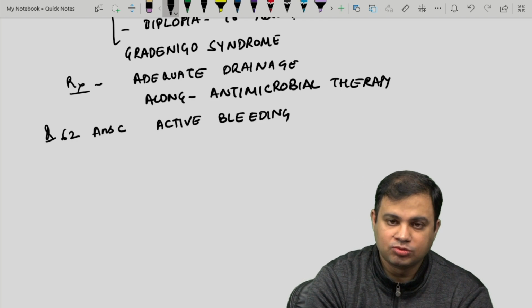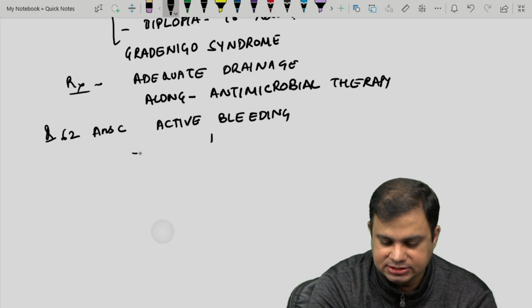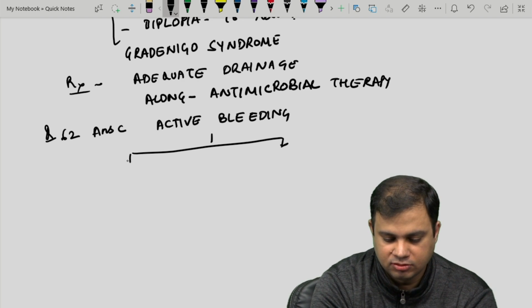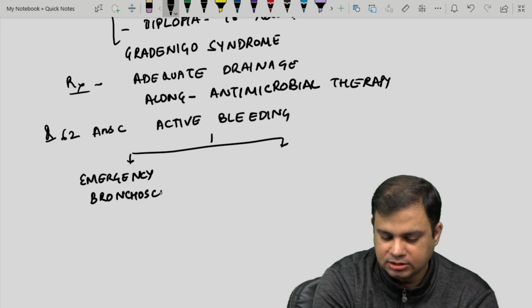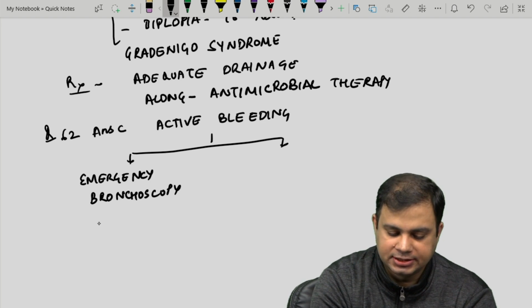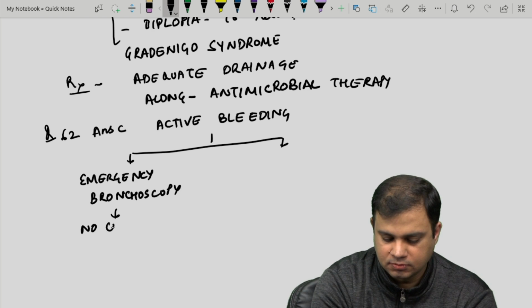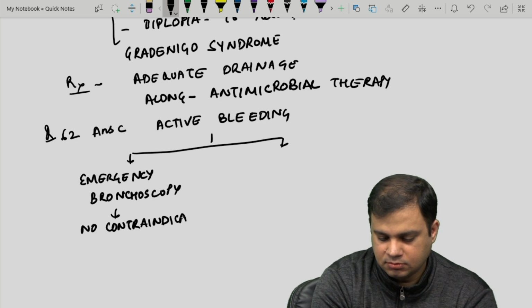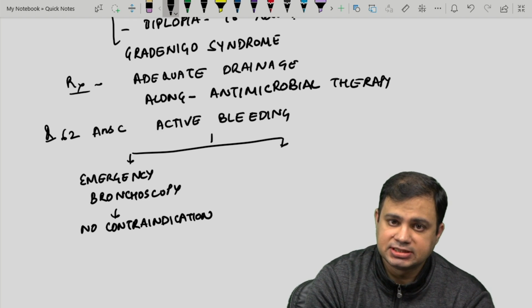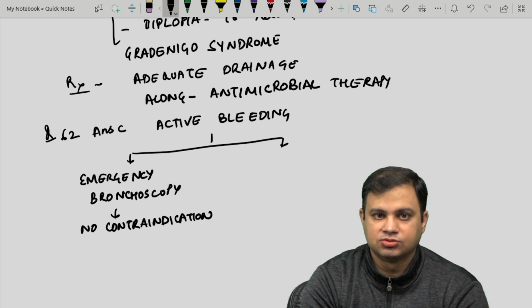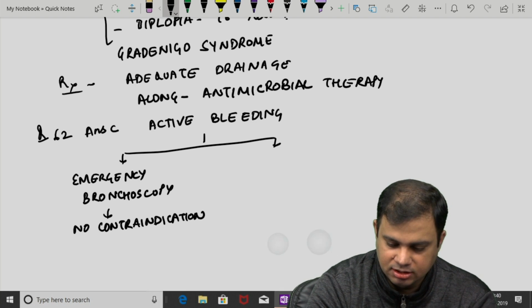It can be emergency or it can be elective. So, if there is an emergency bronchoscopy, there is no contraindication, like in this patient if the patient is having active bleeding, there is no contraindication.